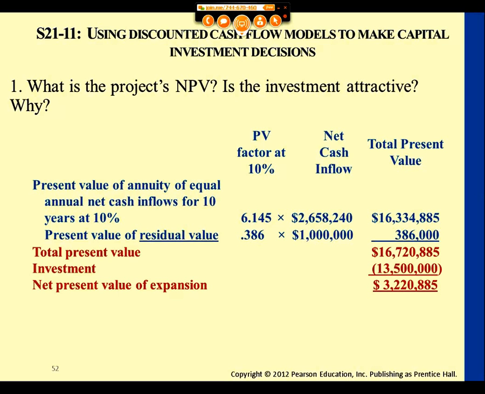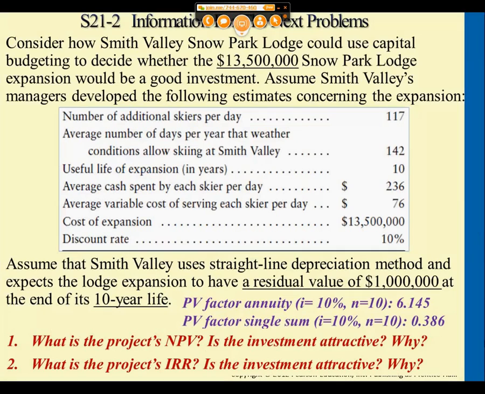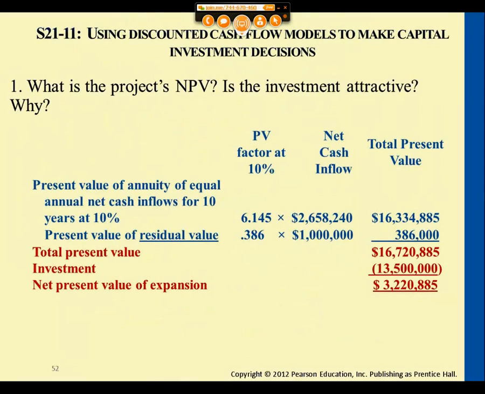Now you need to calculate also that $1 is a residual value. So we have to do that, right? We said if it says in a problem that there is a residual value, you need to add it to your total, but not just add it as a bulk, you need to also use a PV factor, right?